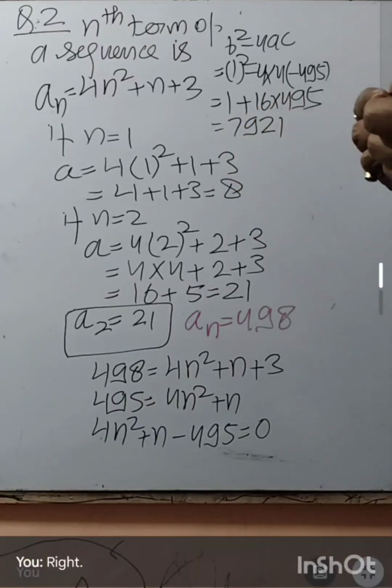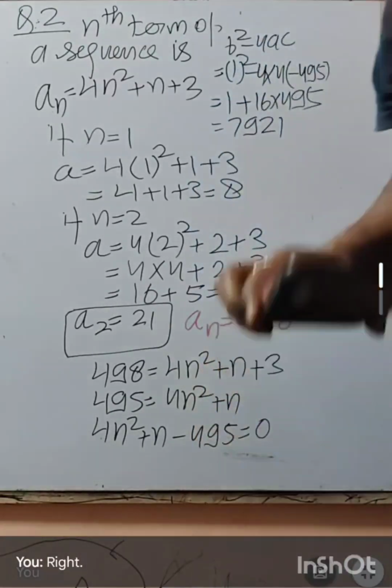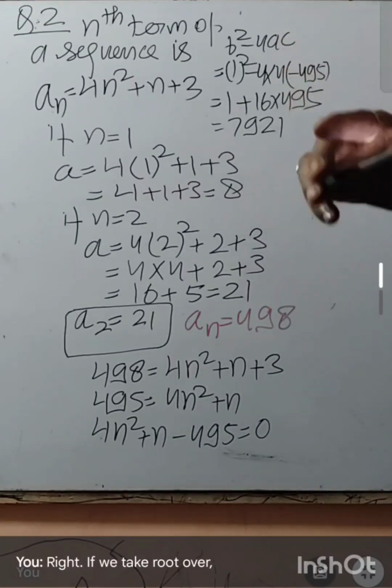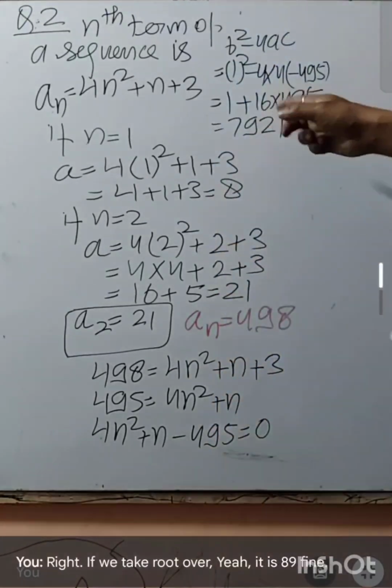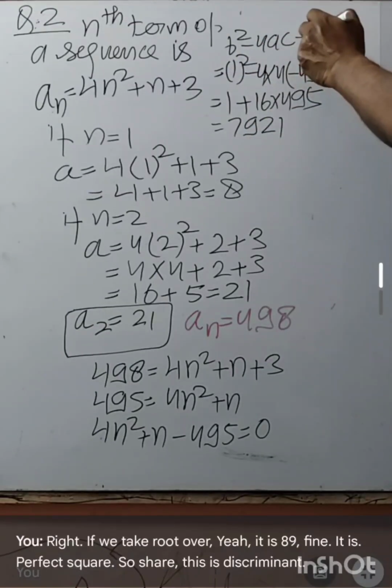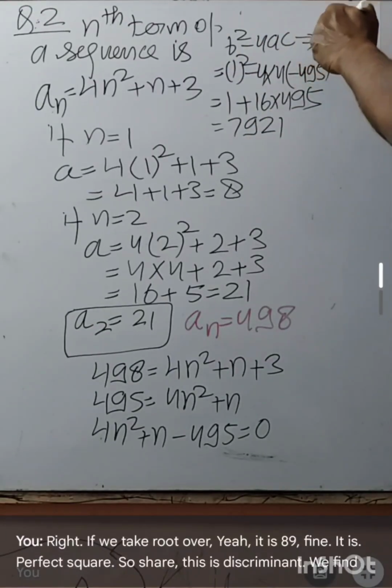Right? If we take root over, yeah, it is 89. Fine. It is perfect square. So Shreya, this is discriminant we find, right?